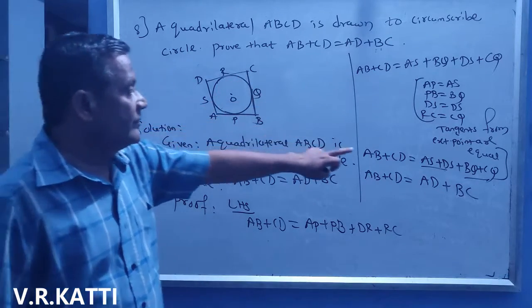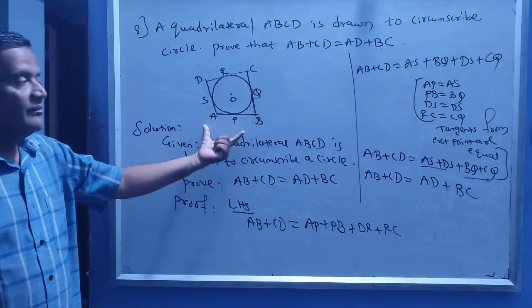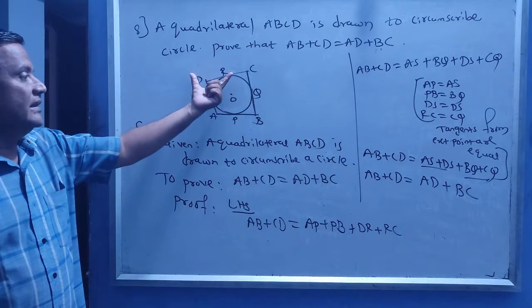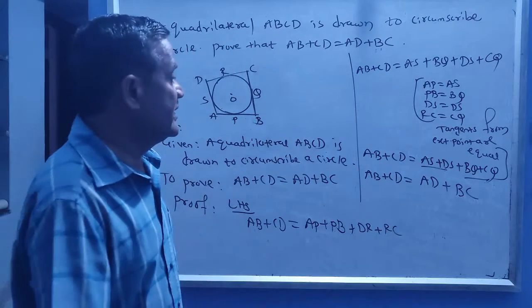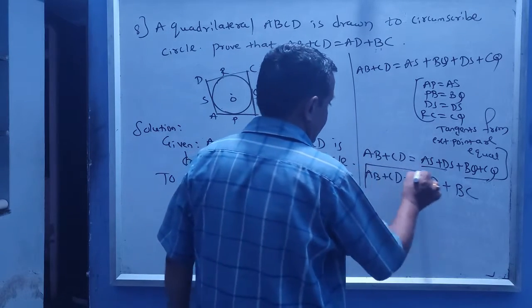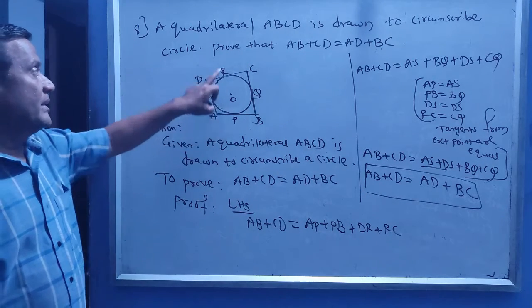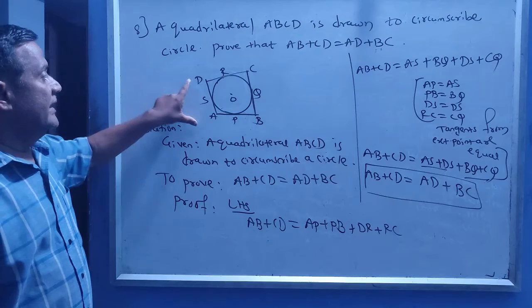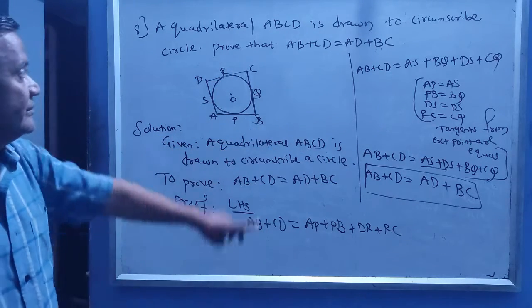So AB plus CD equals AD plus BC. So this is the proof. AB plus CD equals AD plus BC is the proof.